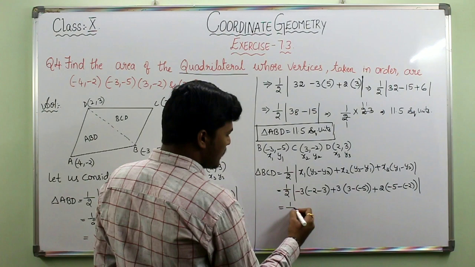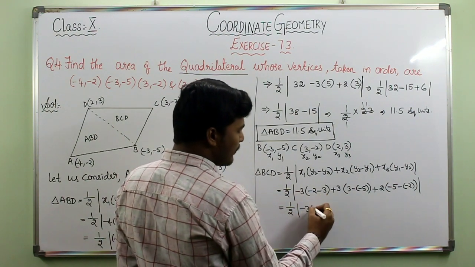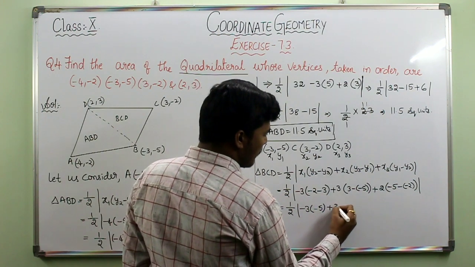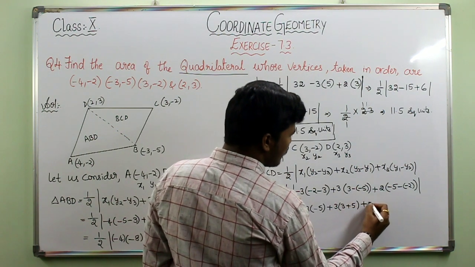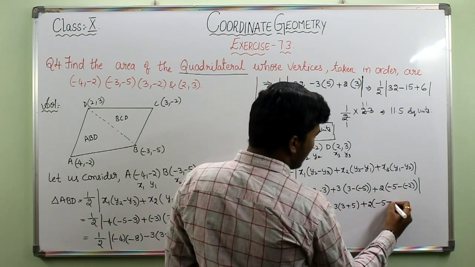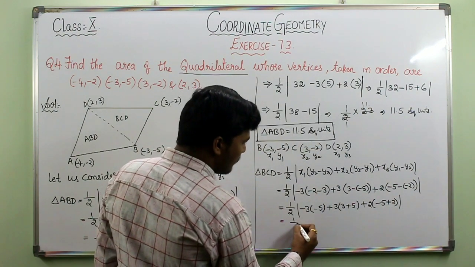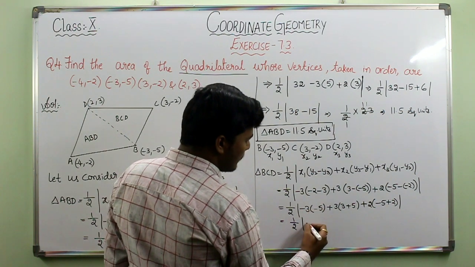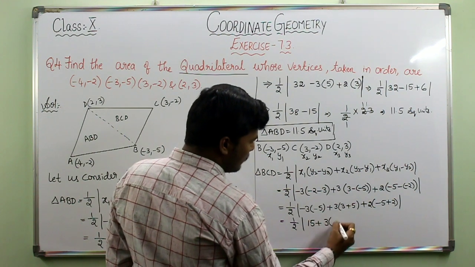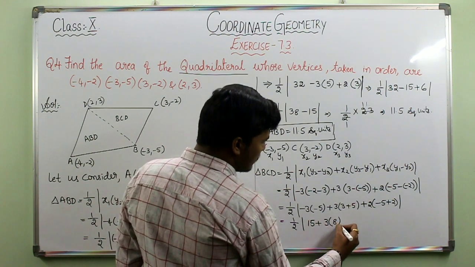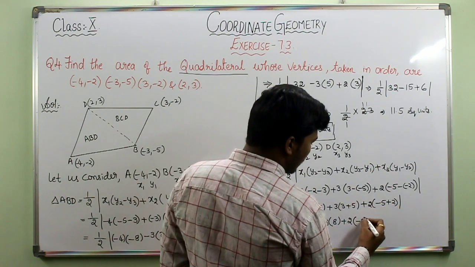Okay, this implies 1 by 2 times of -3 into -5, both are minus, addition will be performed, plus 3 into (3 plus 5), and plus 2 into (-5 plus 2). Okay, this implies 1 by 2 times of minus into minus will become plus 15, and plus 3 into 8, plus 2 into -3.